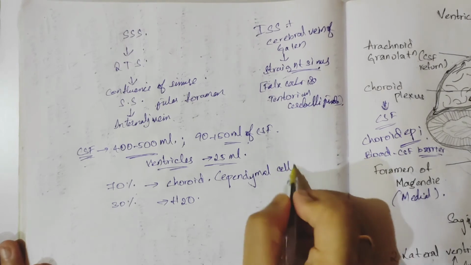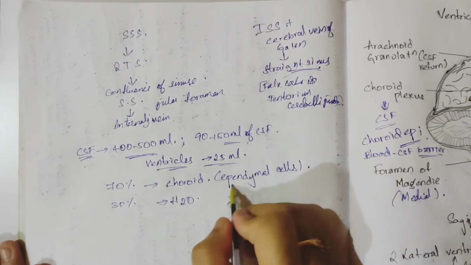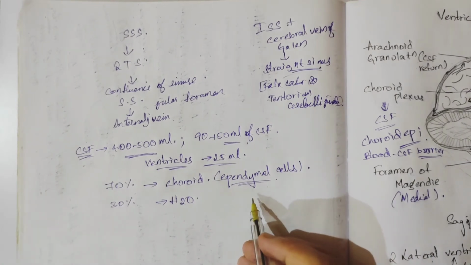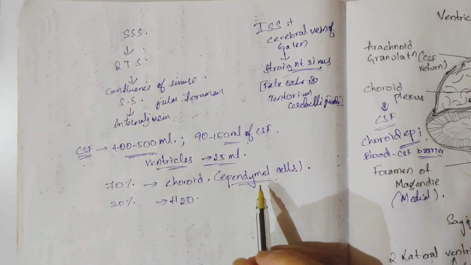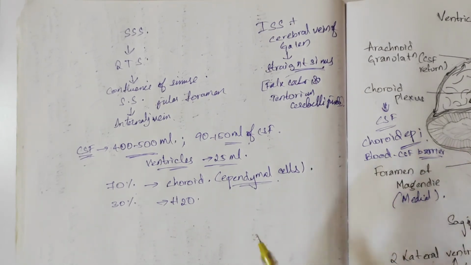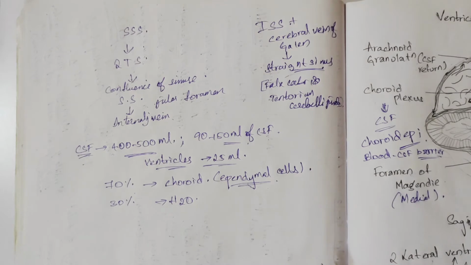These consist of choroid plexuses which are present in the ventricles. These choroid plexuses are located in all parts of the ventricles: lateral ventricles, third and fourth.